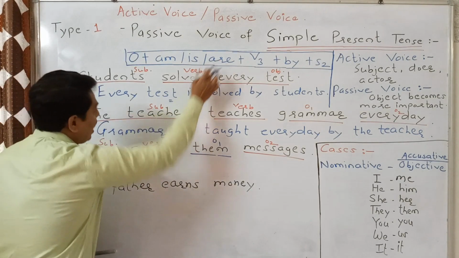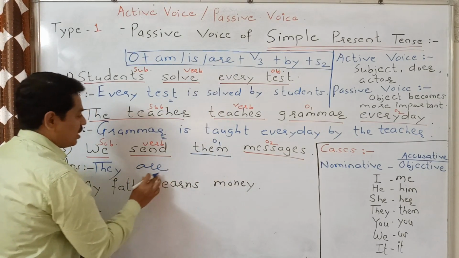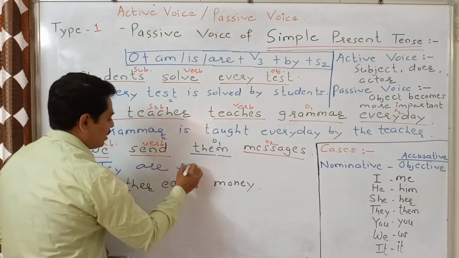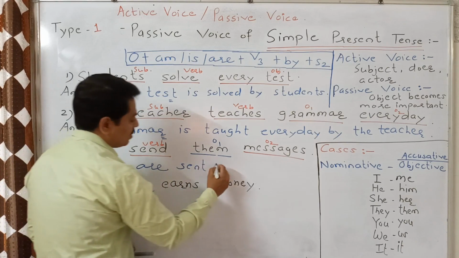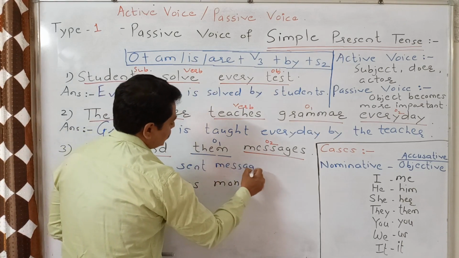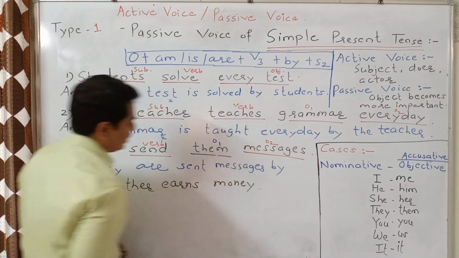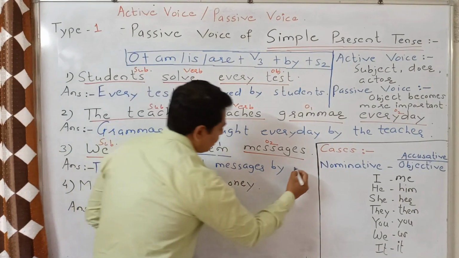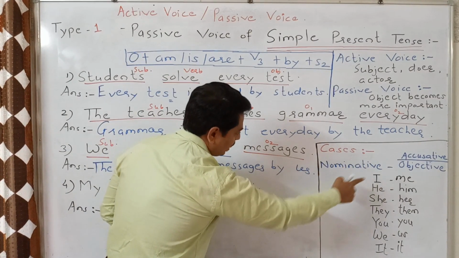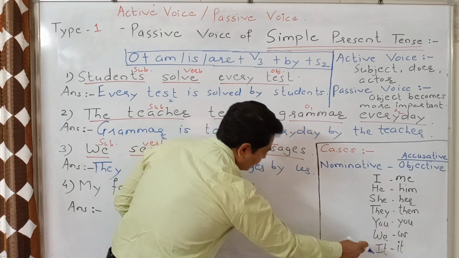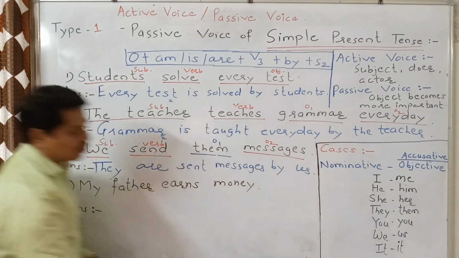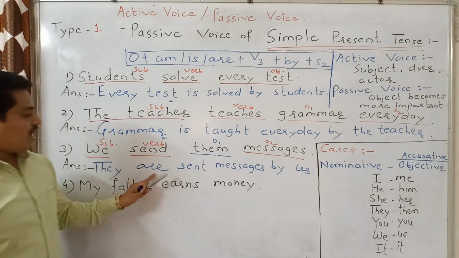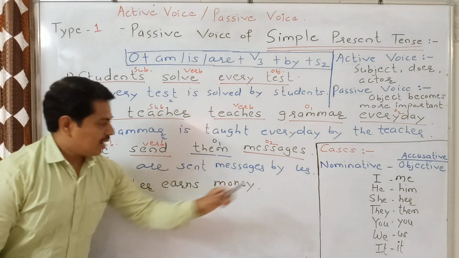After that we use are. They are plus V3, sent, object number 2 messages, by we. The accusative case of we will convert into us. They are sent messages by us.